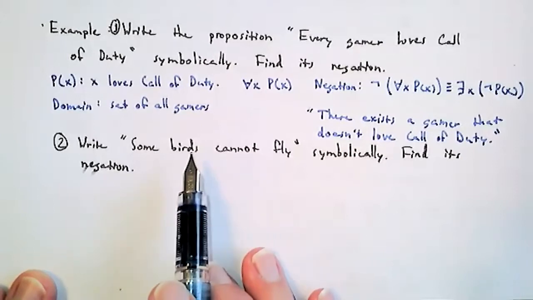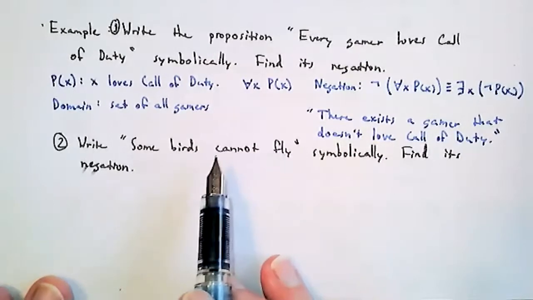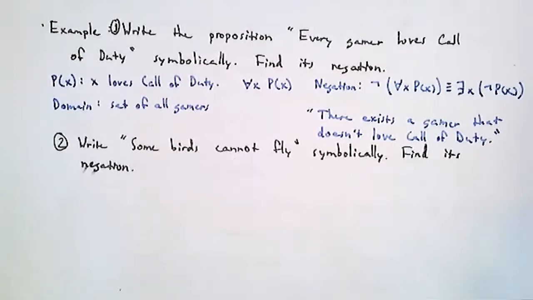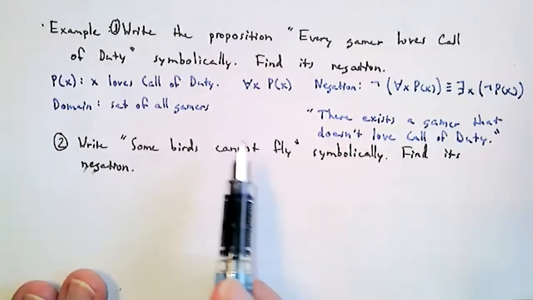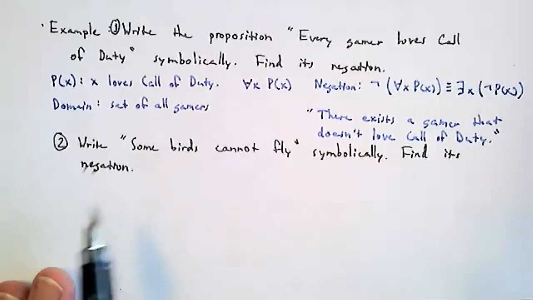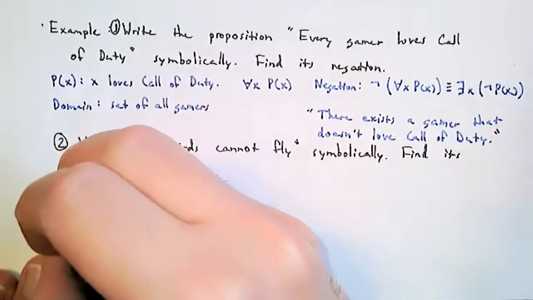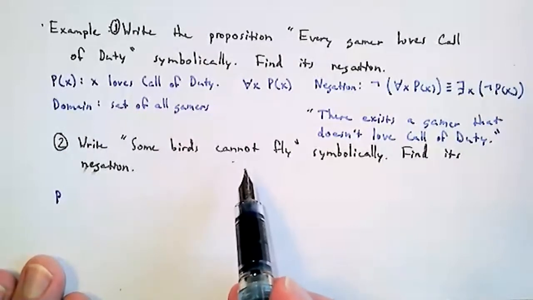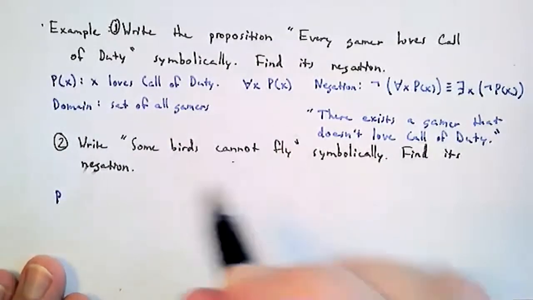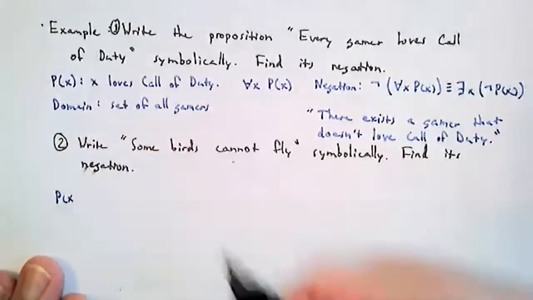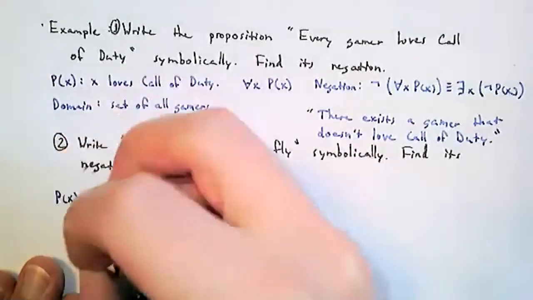Well, let's think. This says a bird cannot fly. So you want to use the true statement, right? Since this is a negation, we want to think about the true version of that. So if the negation is cannot, then the true version is can. Or the non-negated version, let's say.